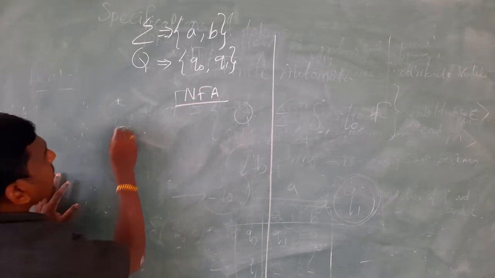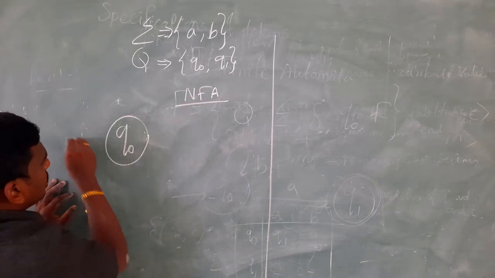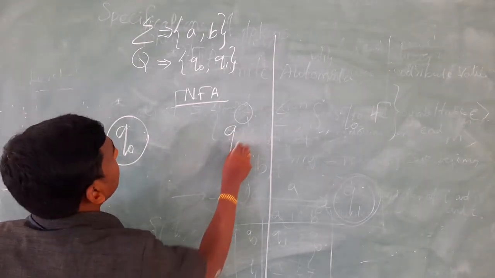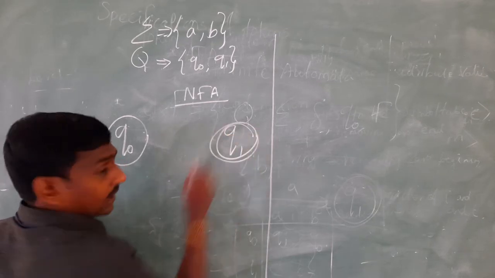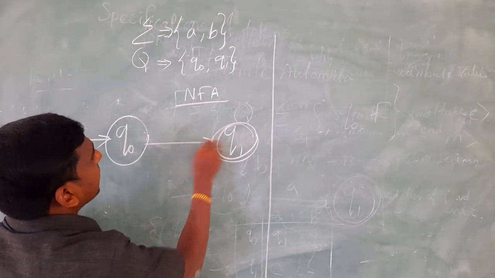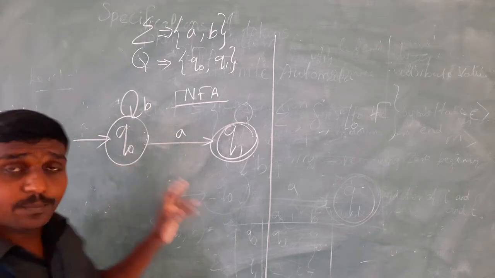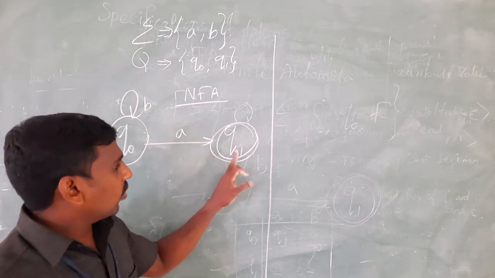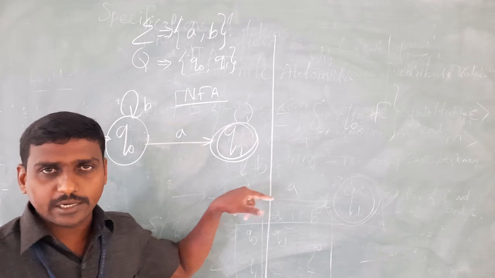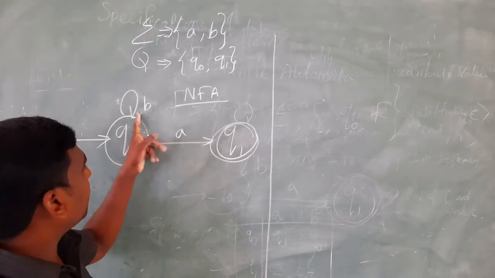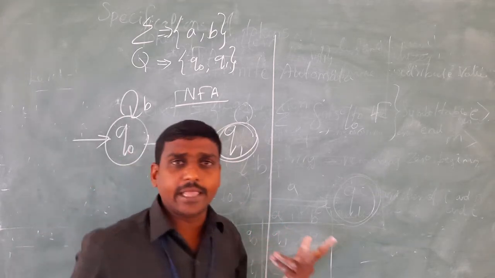So you know what the starting state is? q0. The starting state is marked with an arrow to q0, and what is the accepting state? q1, double circle. In NFA, I can write anything, A and B, this is NFA. It is not mandatory or necessary for a state to read all the input at least one time. See, here q0 is reading A, reading B, but q1 doesn't read A and B.